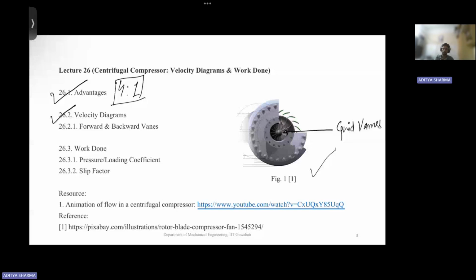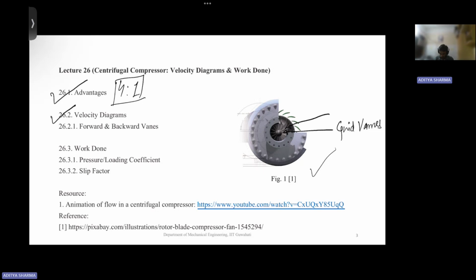So if the flow is perpendicular to my screen, that is the axial direction basically. The direction that is perpendicular to my screen is basically the axial direction of the flow. And here what I have pointed out is the guiding vanes. So these guiding vanes can open, and these can decide the amount of air that we want inside the compressor.